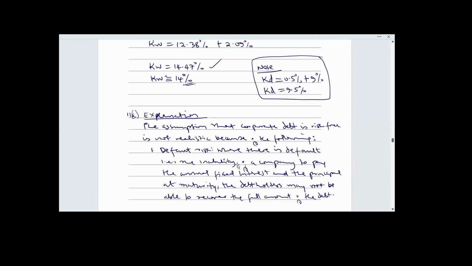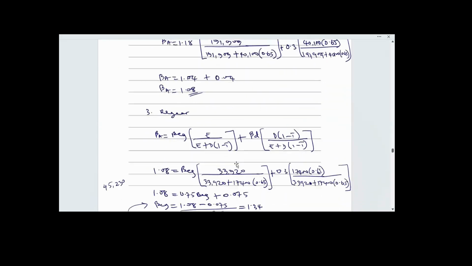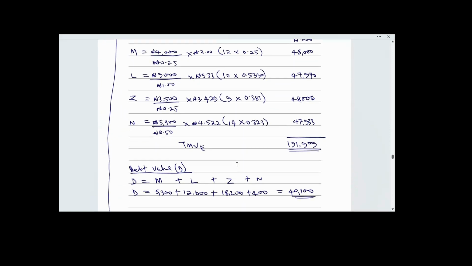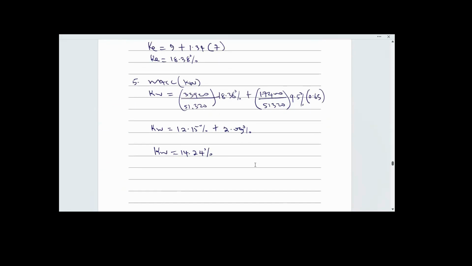Now that we have debt beta, that's reduced to 14.24. So that's a marginal difference of 0.23. So it's marginally lower. So this is what the examiner wants you to do.